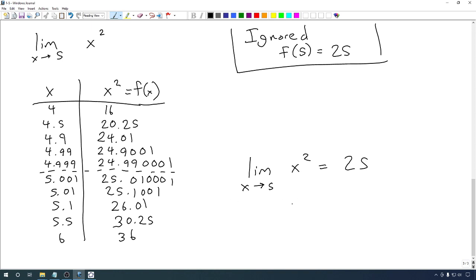This happens a lot when we have a function that is defined for the value here. A lot of times it does turn out that we can go ahead and plug that number into our function and see what we get. Not always, and that's why we have to be a little bit careful about it. But we'll discuss in more detail when that can be done in the next section.